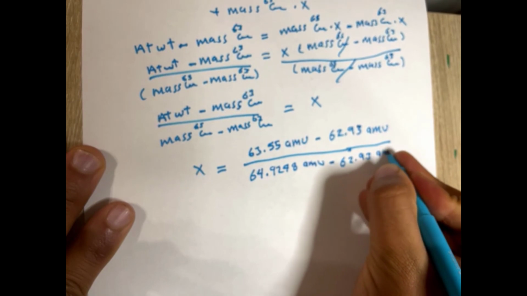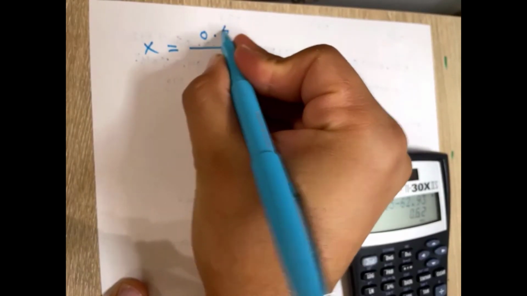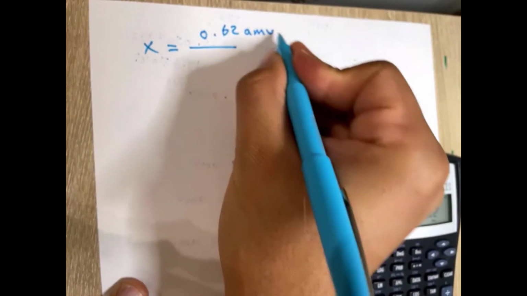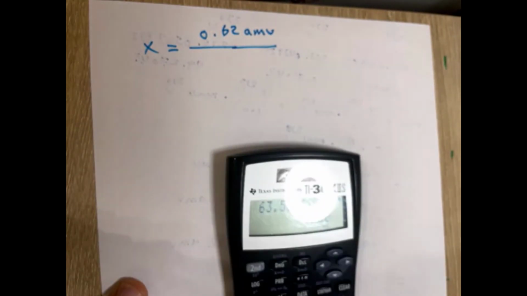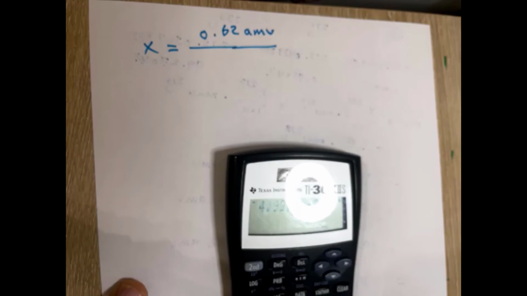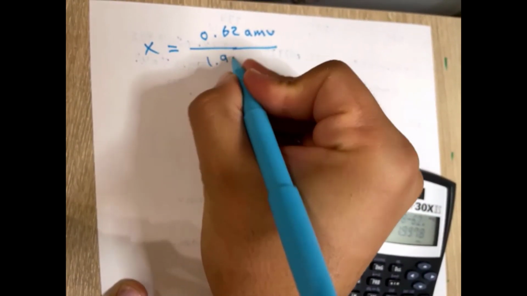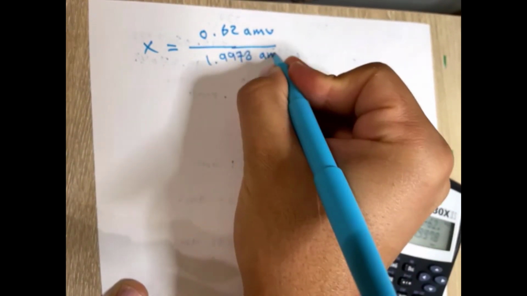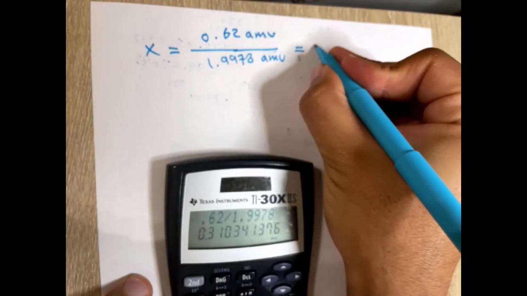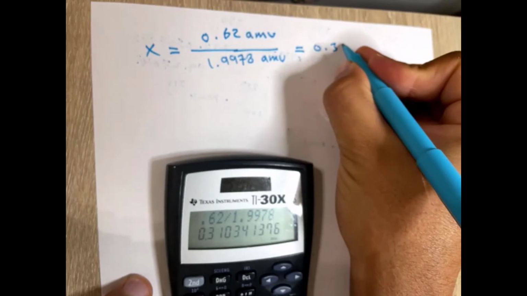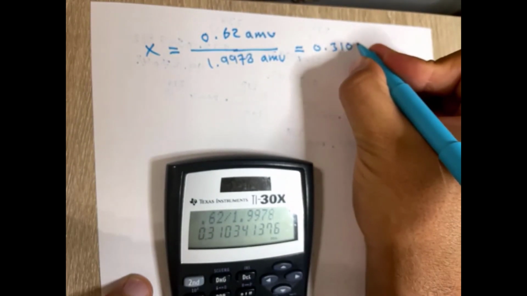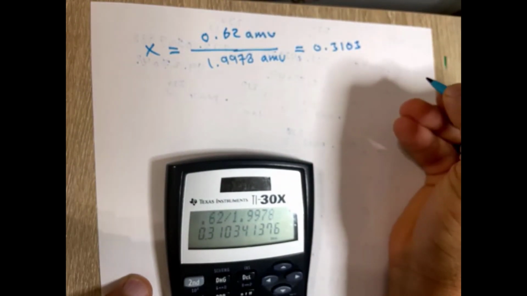So x is going to equal 0.62 AMU divided by 64.9278 minus 62.93, which is 1.9978 AMU, which is 0.3103 as a fraction.